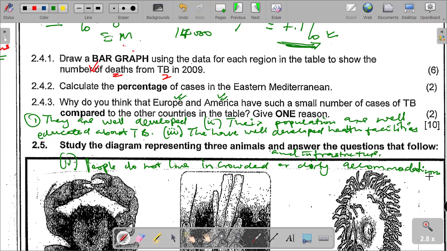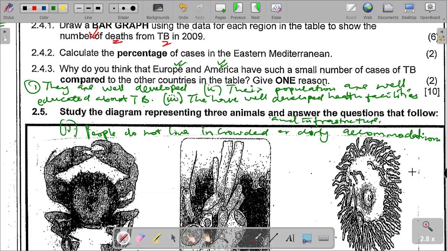That is another reason why we can have lower cases of these diseases in Europe and America.